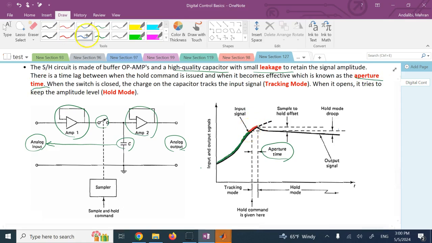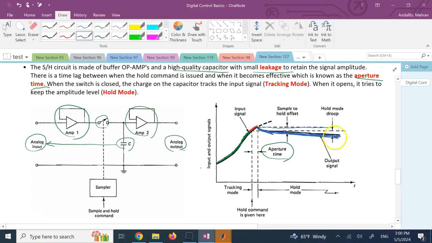then the voltage of the capacitor goes up a little bit further, so it goes up to here. Now the circuit opens up, and ideally you expect this level of voltage to stay at a constant level, but there is always a little bit of leakage, so the voltage starts to drop a little bit. This is where the capacitor tries to hold the voltage at the same level. It cannot.